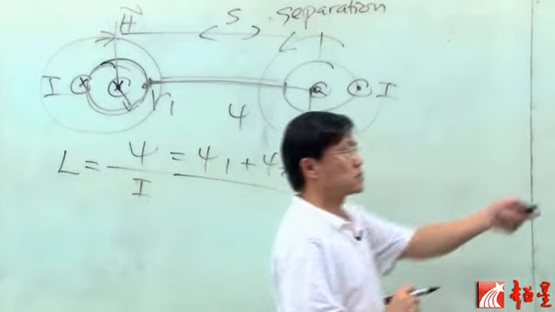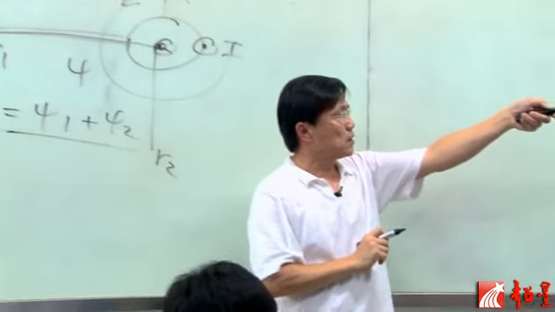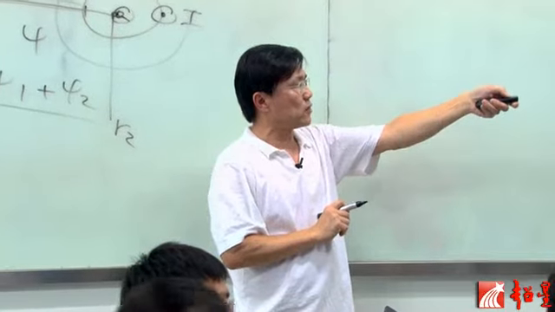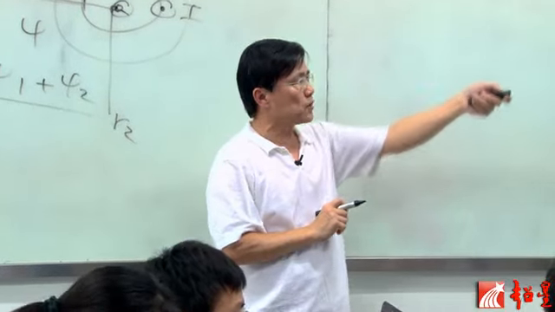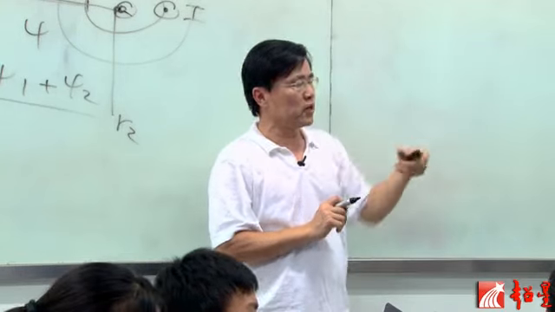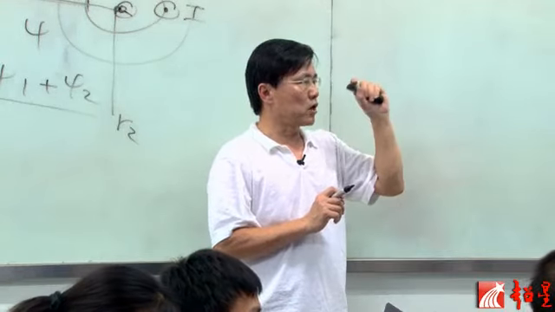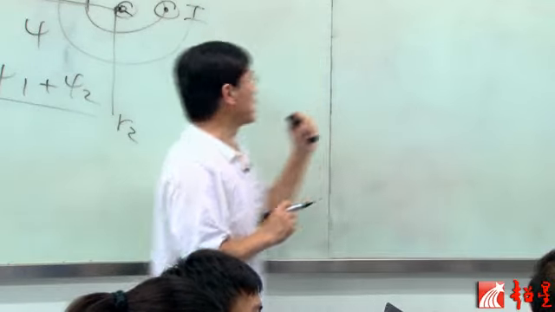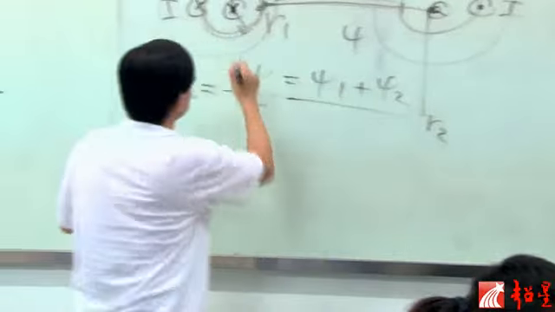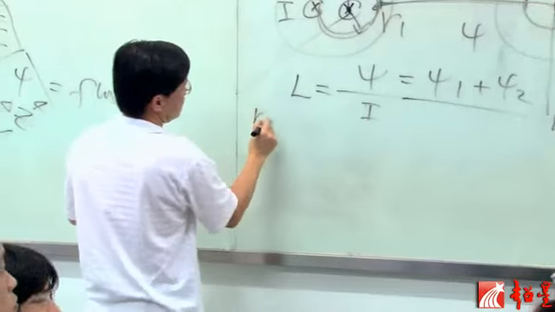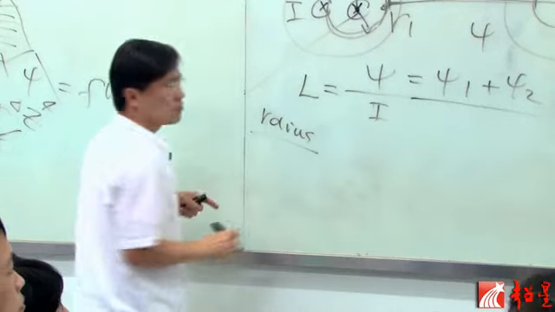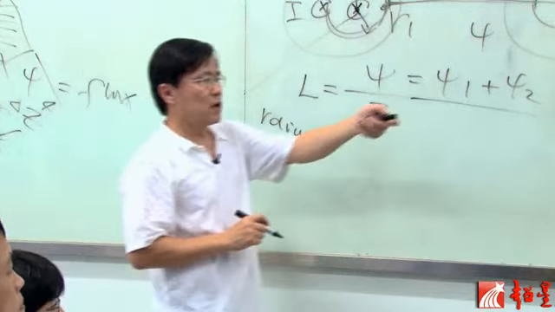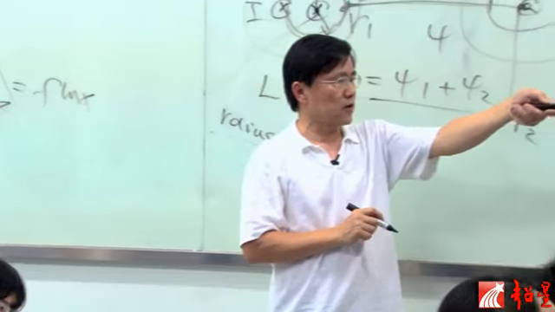Okay, that's S. So this is the expression for phi1, this is the expression for phi2. Rw2 is the radius of wire 2. Rw1 is the radius of wire 1. Okay, so R stands for radius. And then you add them together, you get the total flux here.